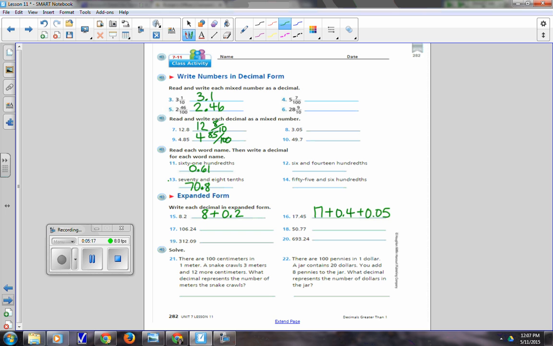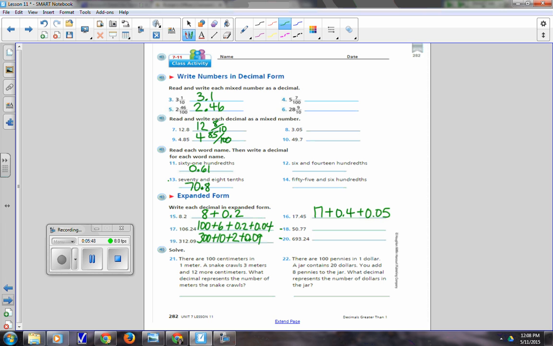Hopefully you're starting to see that. So here you would see 100 plus 6 plus 2/10 plus 4/100. Then 300 plus 10 plus 2 plus 0 plus 0, 9/100. So try 18 and 19 on your own.